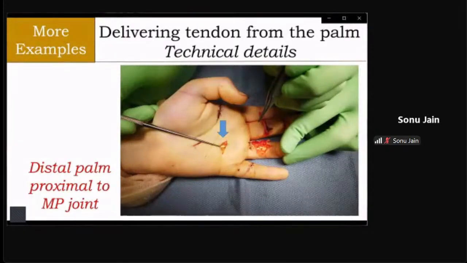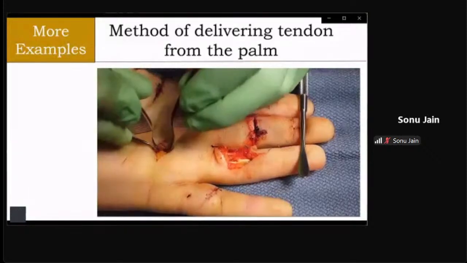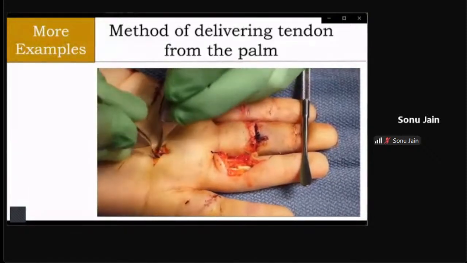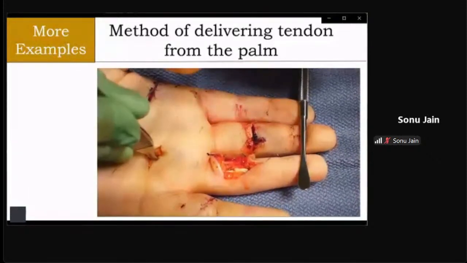And this is another patient. You see the laceration site is very close to the palm, but I still push it because I don't want to have a lengthy incision just proximal to the repair site. It can be pushed out to the laceration site easily.